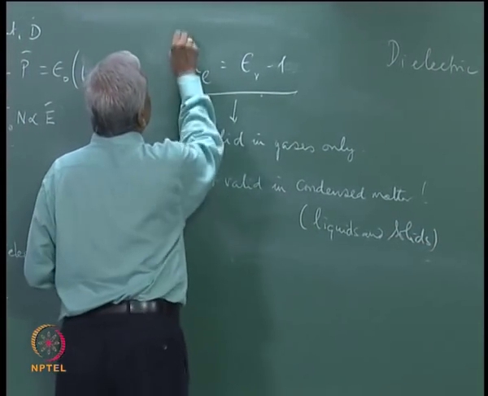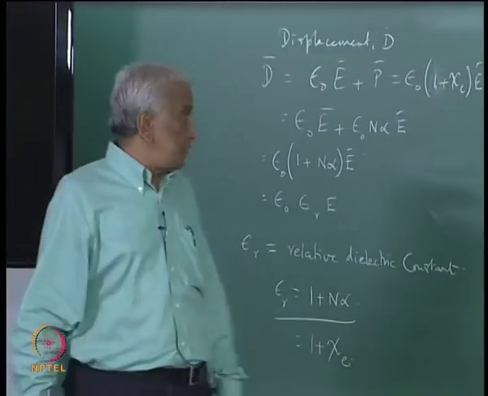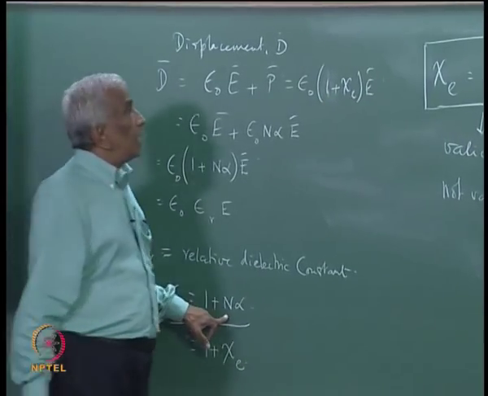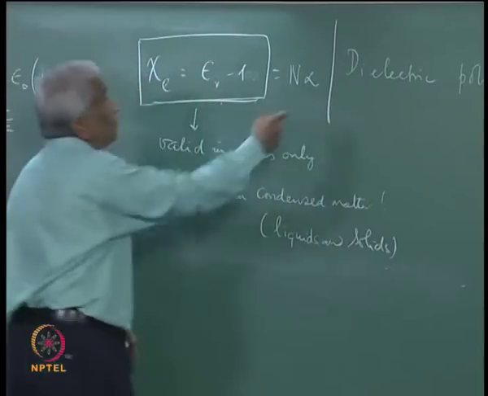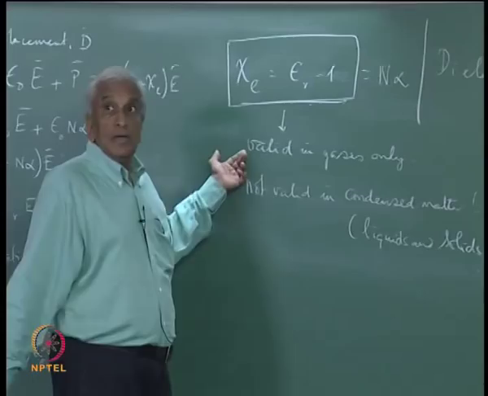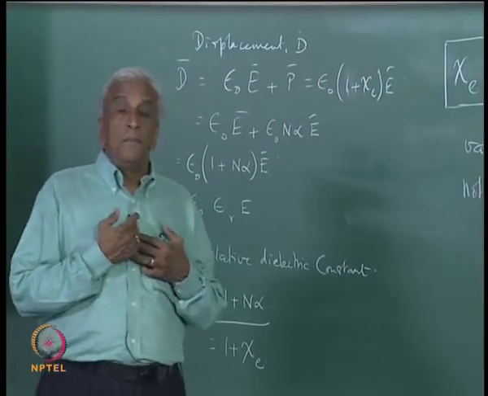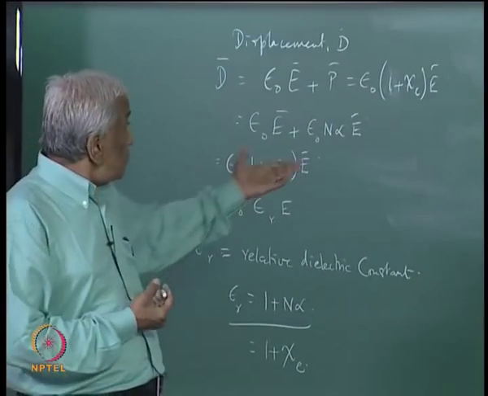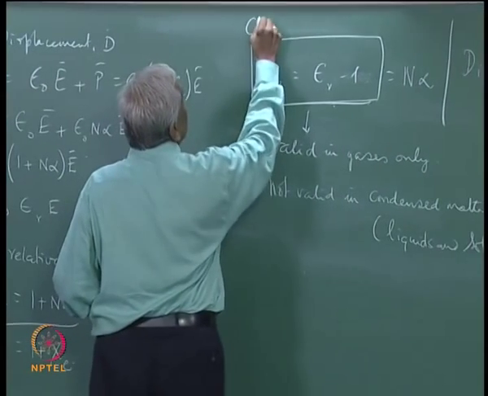So, this relationship between the electric susceptibility and the relative dielectric constant, so chi e is also equal to n alpha. This has been verified to a great extent in many gaseous dielectrics, but in a condensed material like a solid dielectric, this relation is not valid. This is known as the Clausius relation.